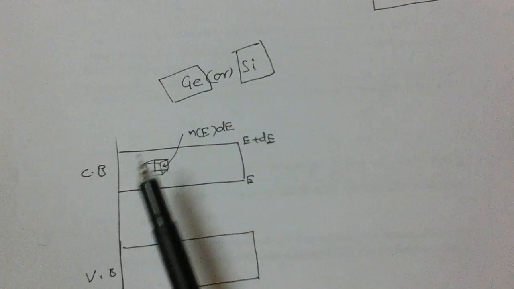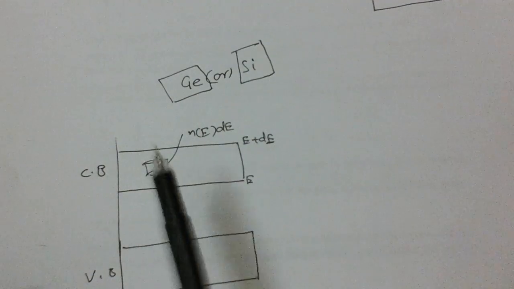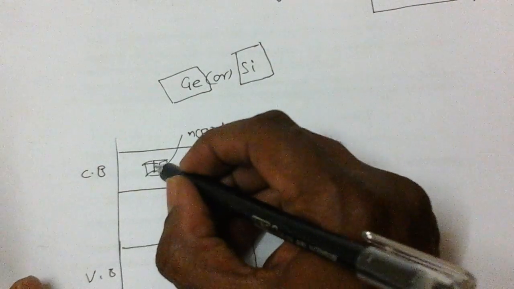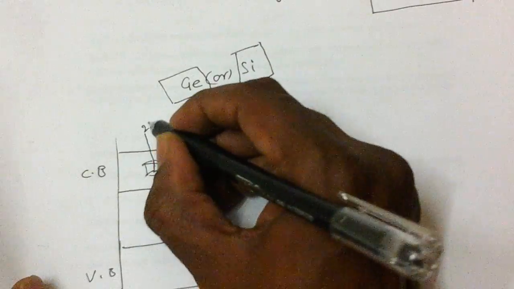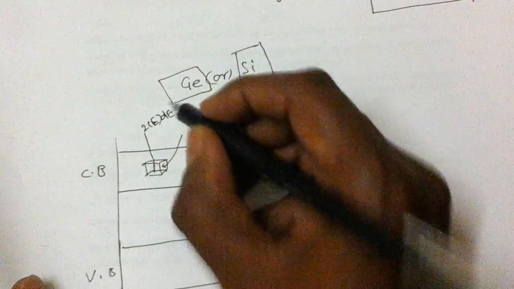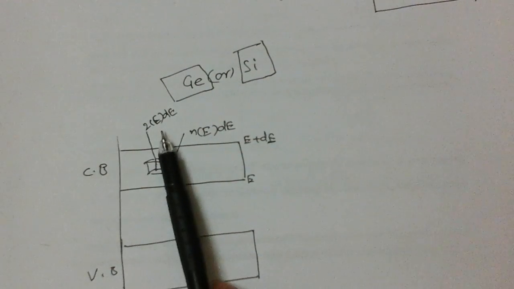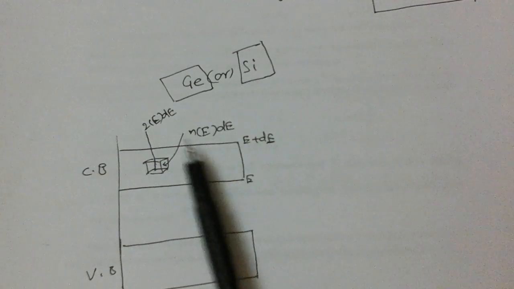Here you can see in this unit volume, the number of energy states is Z of E dE. The number of energy levels per unit volume is Z of E dE.